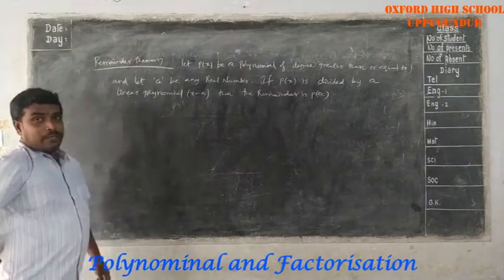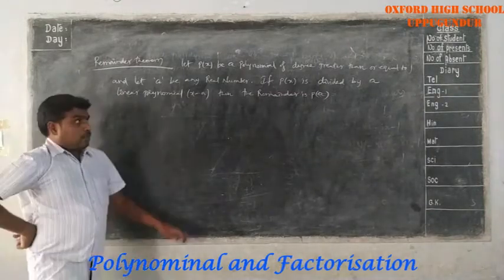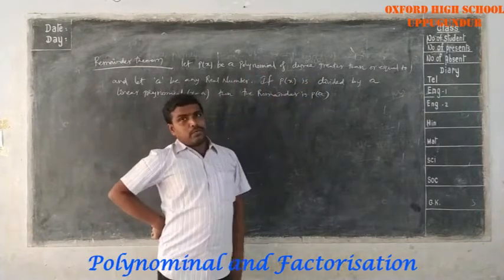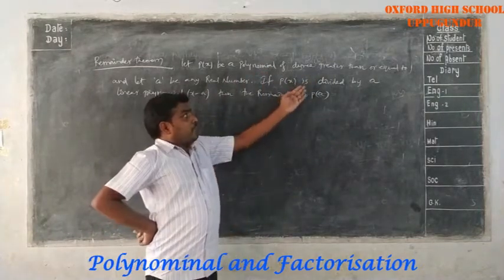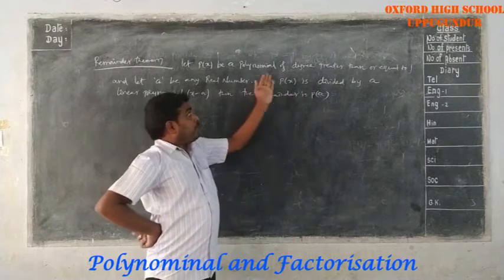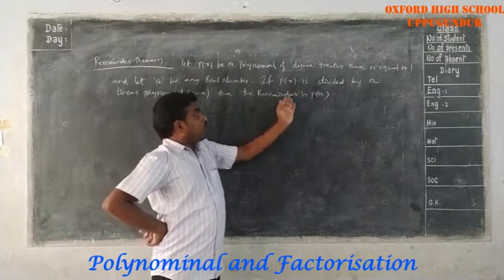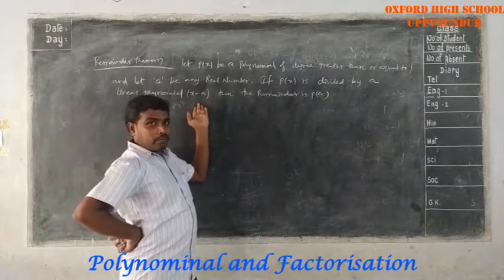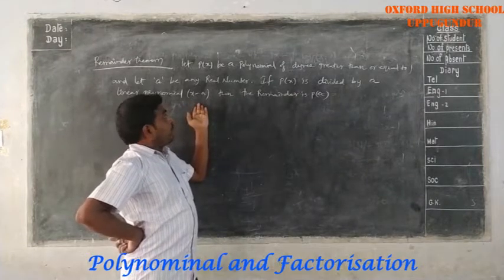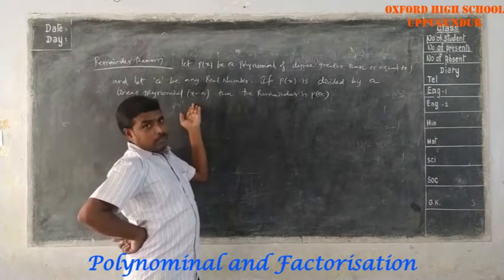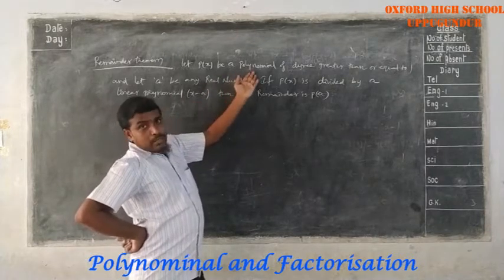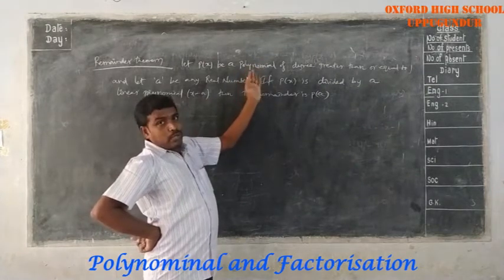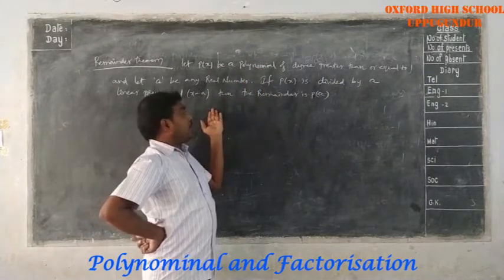So, what is the remainder theorem we have? If P of x is any polynomial of degree greater than or equal to 1. Why are we considering degree greater than or equal to 1? Because we are dividing this polynomial with the linear polynomial x minus a, which is of degree 1. So, if you want to divide any polynomial with a linear polynomial, then that polynomial should be either linear or of more than the degree of that linear polynomial.